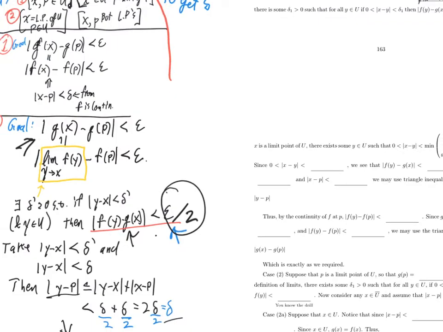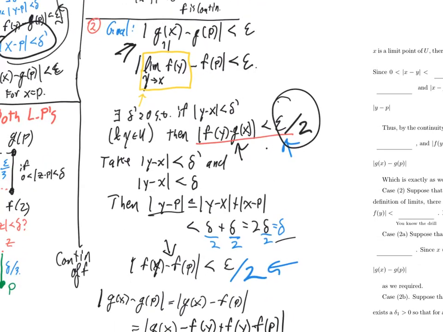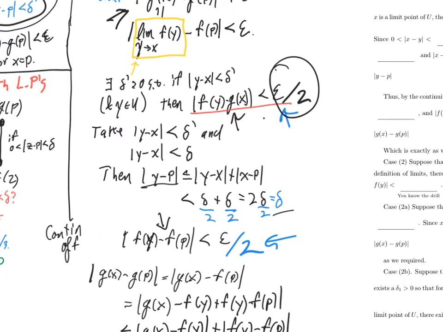So how did the argument proceed? Let's see, I found some y value so that simultaneously the distance between y and x is less than delta prime and the distance between y and x is less than delta. Then I concluded that the difference between y and p was less than delta.